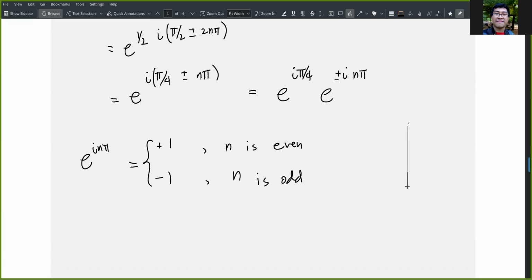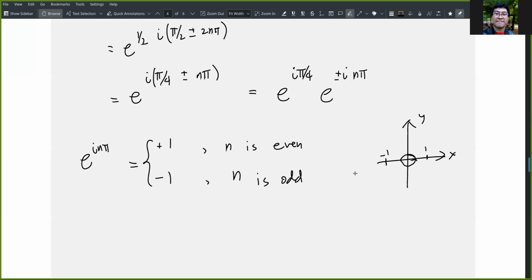Okay, if you look at the complex plane to verify, e to the i n pi means you have multiples of pi. So the magnitude is always 1. It could be either this one or this one. If it's this one, it means that n is 0, or the angle is 360 degrees.